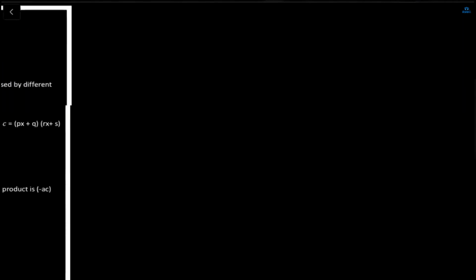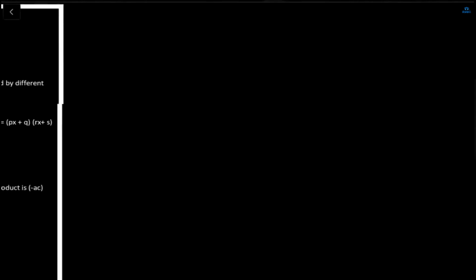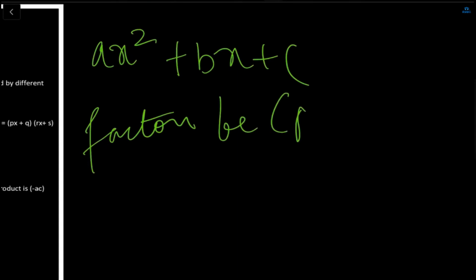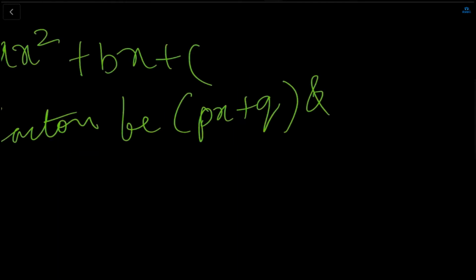Since your quadratic polynomial is written in the form ax square plus bx plus c, suppose the factors of this quadratic polynomial are (px plus q) and (rx plus s).